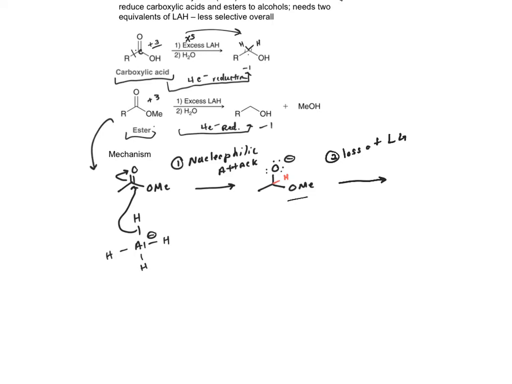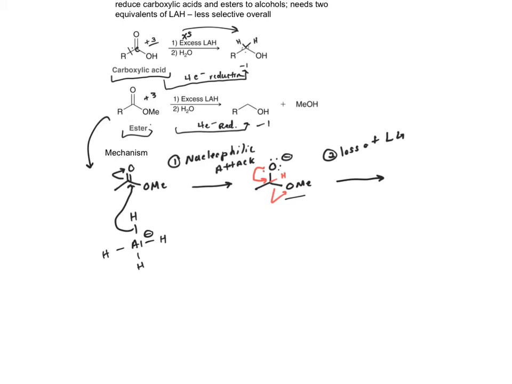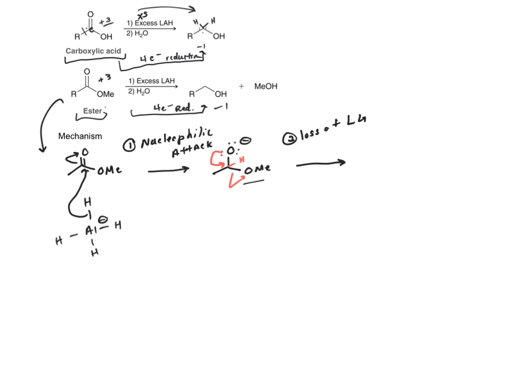So what's going to happen is the electrons on our oxygen are going to come down and reform this double bond. That is going to kick out this methoxide as a leaving group. So we had nucleophilic attack, followed by loss of leaving group. And our product at this point looks like this.